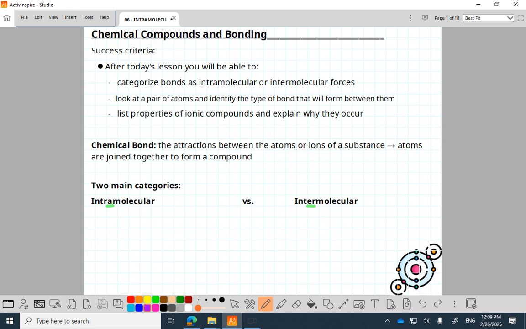The way I like to remember this, intra has an A because they are between atoms. Inter does not have an A, so it's the other one, between molecules.